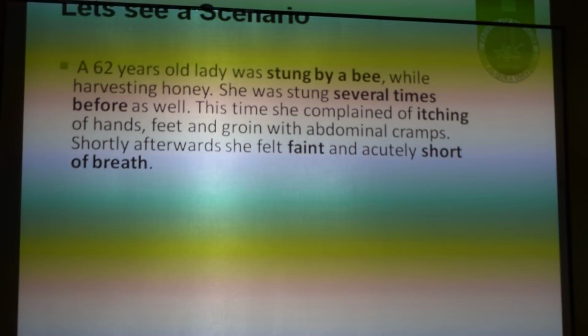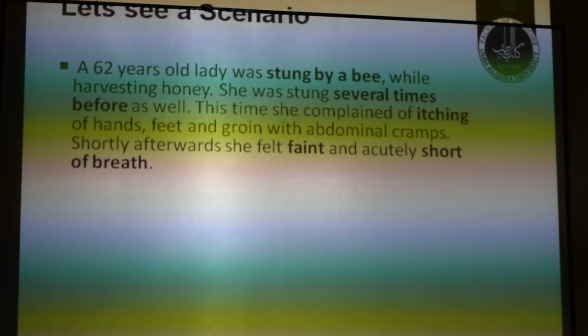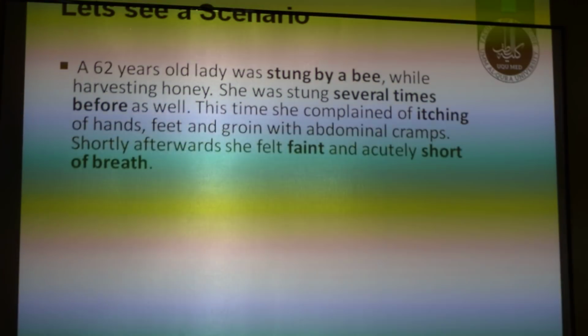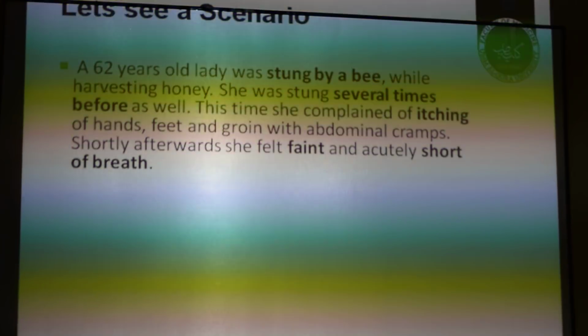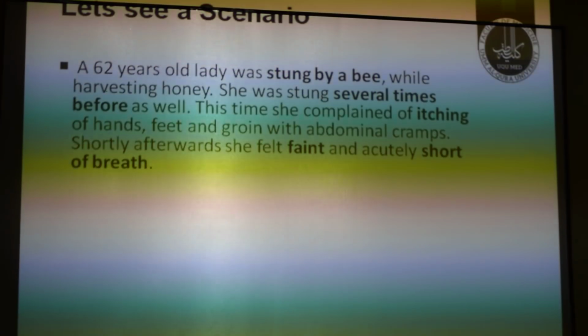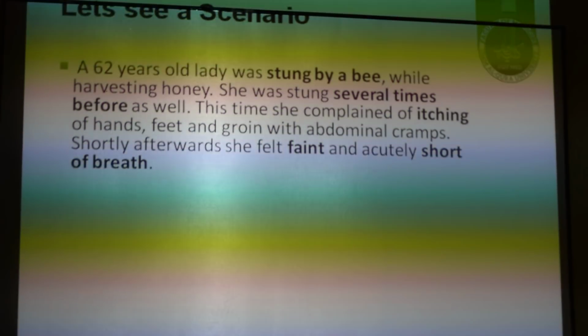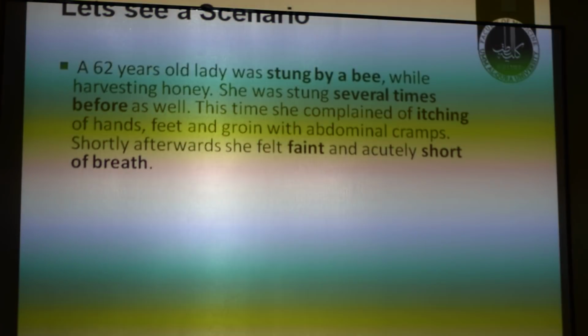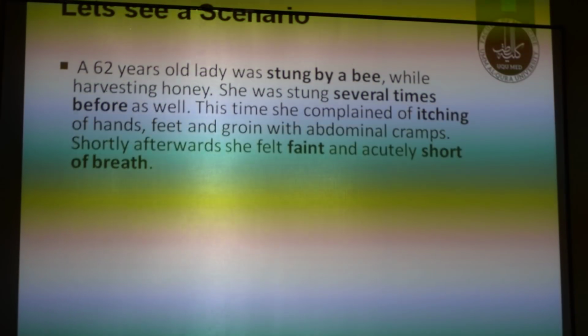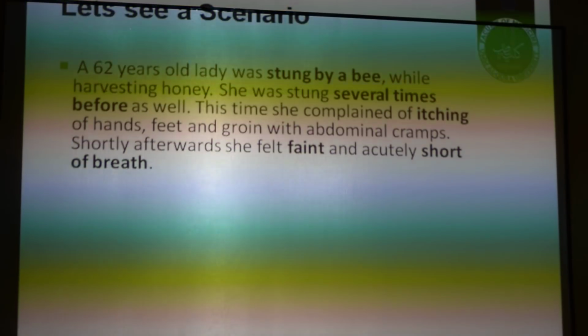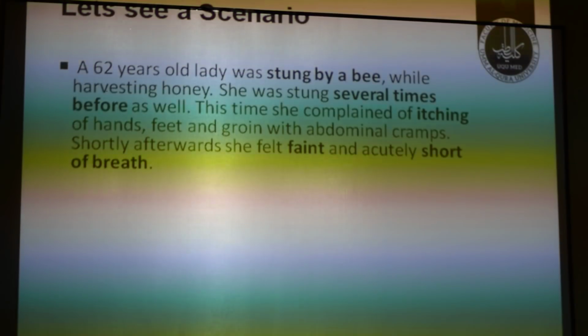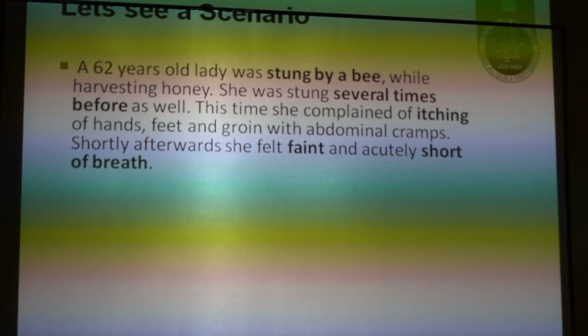Now, itching. Which mediator is mainly responsible for itching? Histamine. So itching is a typical feature of a histamine reaction. Then she felt faint and acutely short of breath. These two symptoms are the result of what?